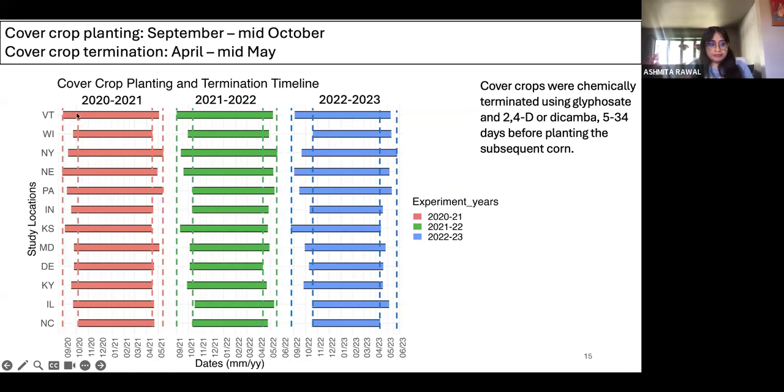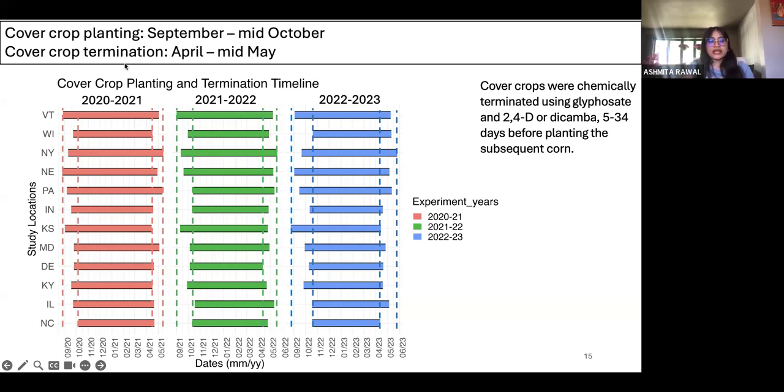Now these three colors represent three different experimental years. And this shows a timeline of cover crop planting and termination. We have arranged our sites based on latitude, so higher or northern sites are on the top, and southern sites are towards the bottom.